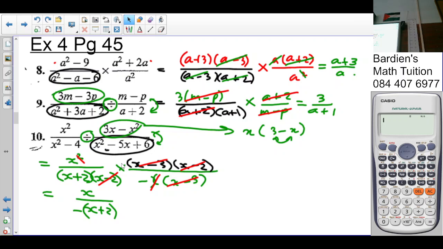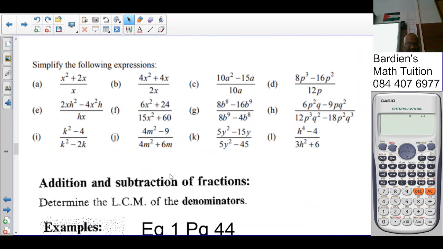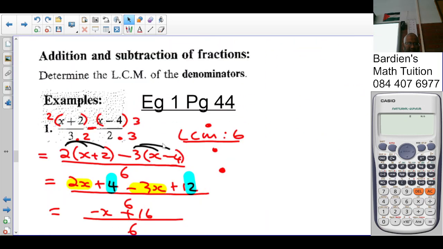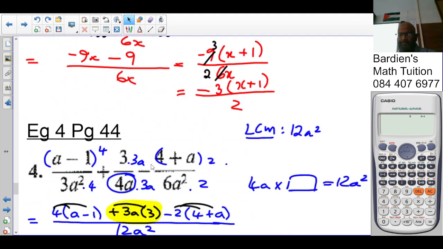We didn't do addition and subtraction of fractions, no? Huh? We did. This year. So did we do numbers from the exercise on page 45, numbers 11 to 20? Sorry?